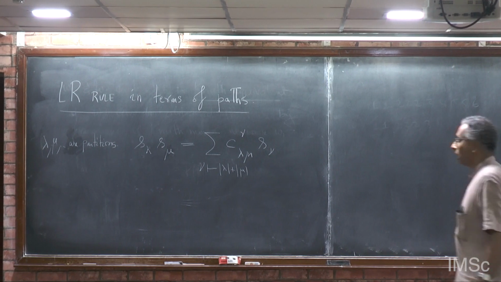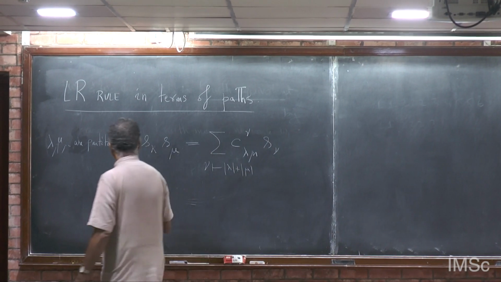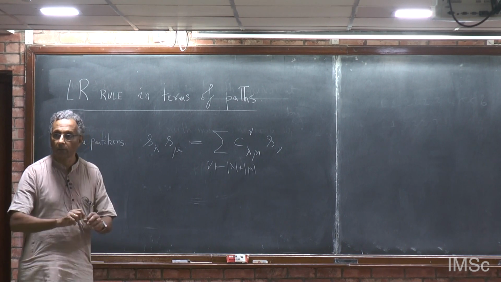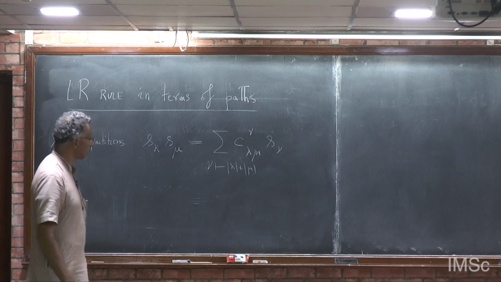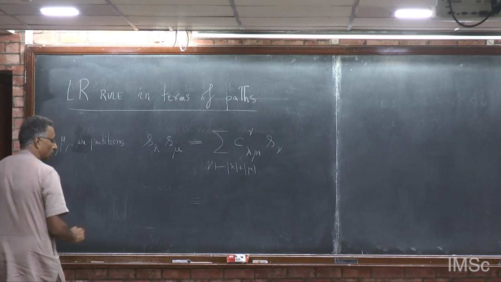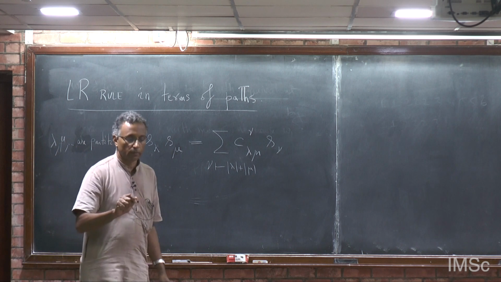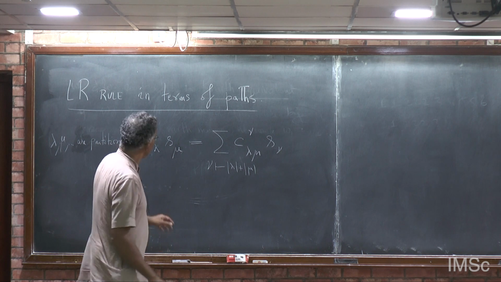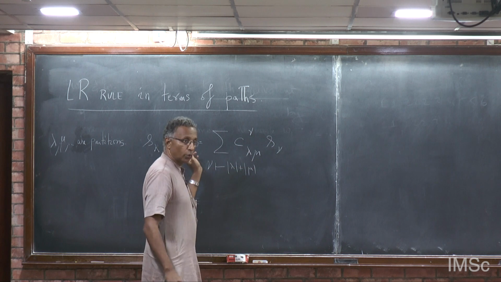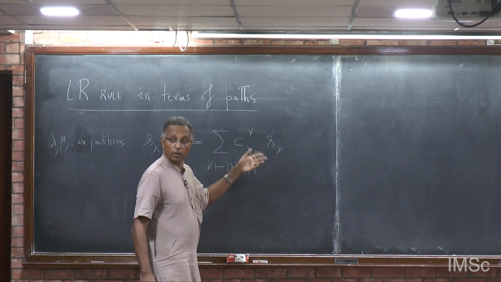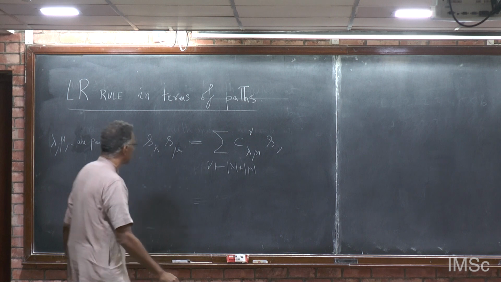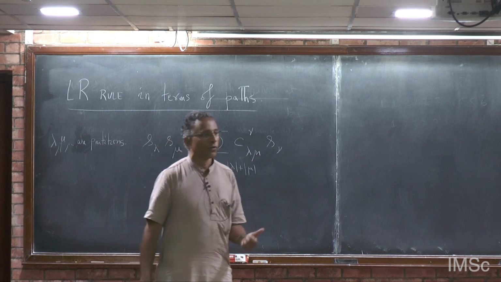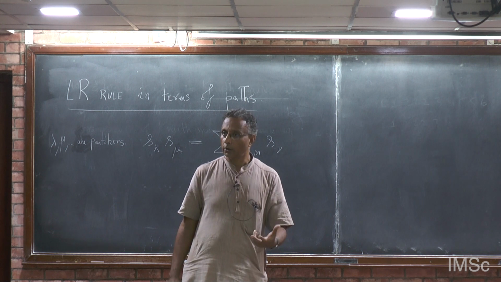So this is one version of the Littlewood-Richardson rule: just multiplication of Schur polynomials, and expressing the product as a linear combination of Schur polynomials again. In other words, these are called the structure constants for multiplication of Schur polynomials.